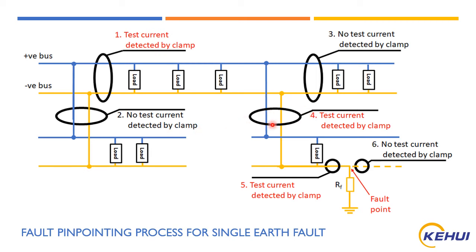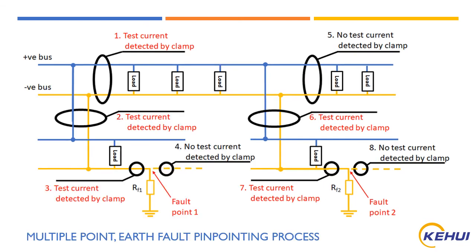When you go to the faulty feeder, you get the clear information of the leakage current and the waveform. You need to go until the point where you reach the fault location. If you go beyond the fault location, there will be no waveform shown, which in turn gives the information that the fault is behind this point. So this helps you to exactly locate the fault location point.